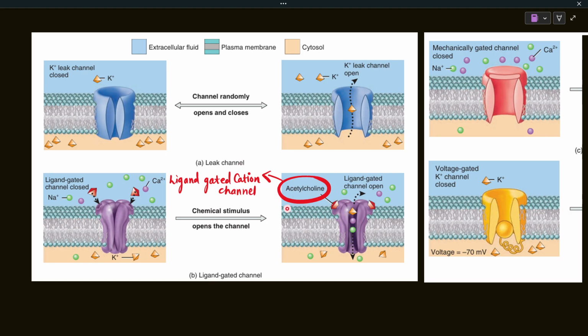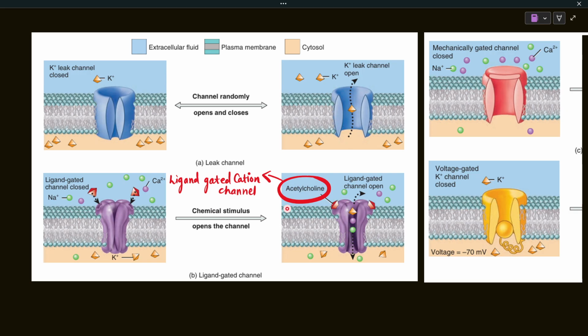This will be helpful in future when we will be discussing synapses and certain acetylcholine receptors. So the acetylcholine receptor is a ligand gated cation channel, which is going to allow the exchange of cations. In some scenarios, there are ligand gated sodium ion channels, which are going to selectively exchange only sodium ions.